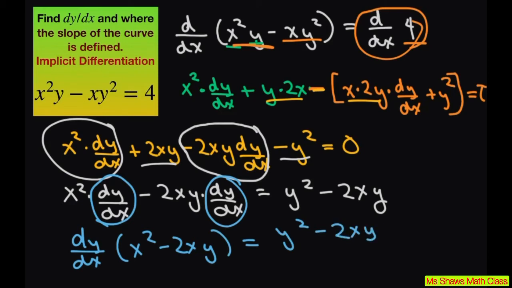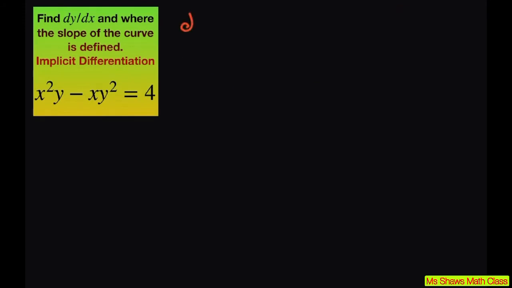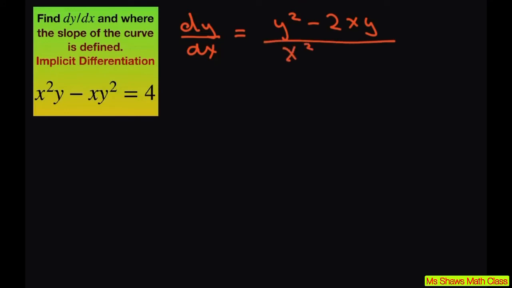And then the next step is divide both sides by this to isolate your dy/dx. So we're going to get dy/dx equals y squared minus 2xy divided by x squared minus 2xy.